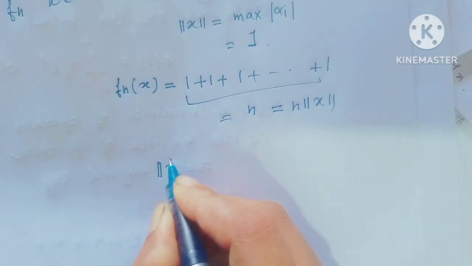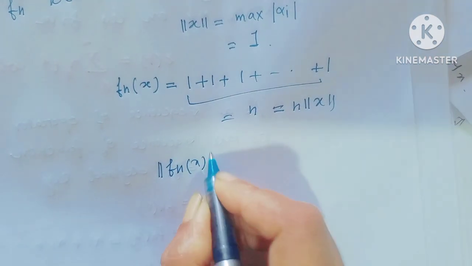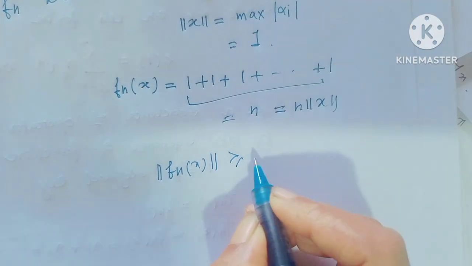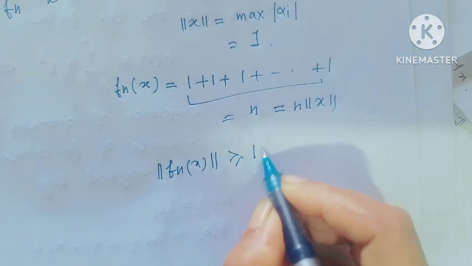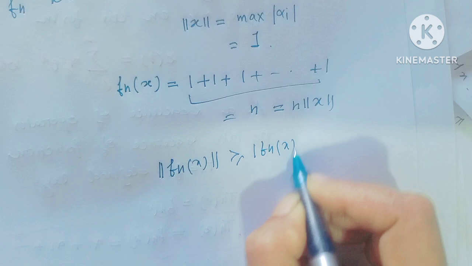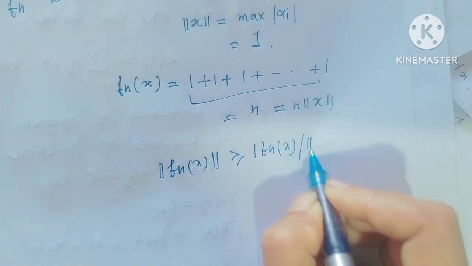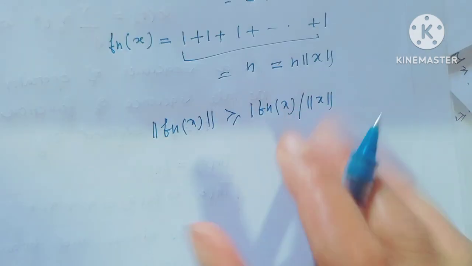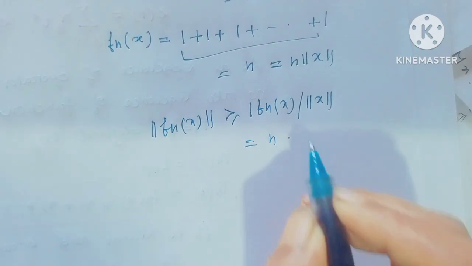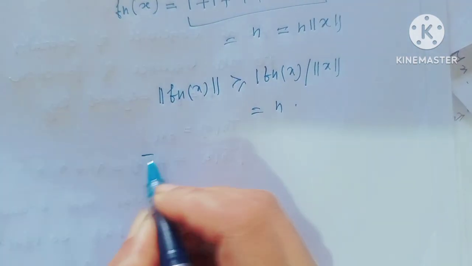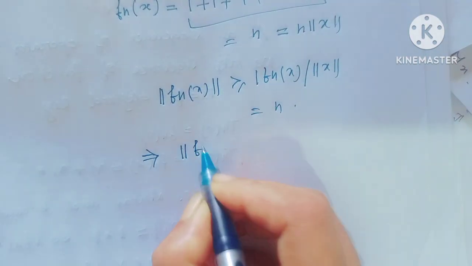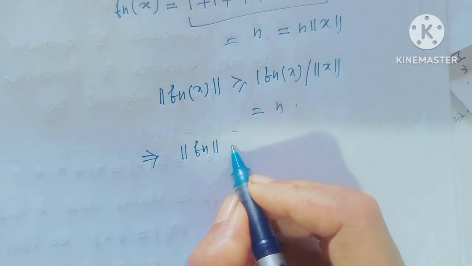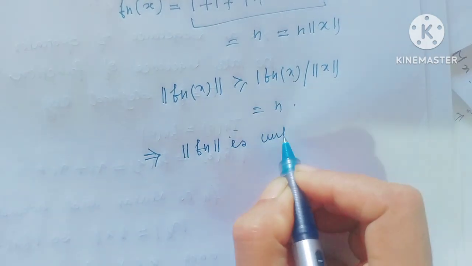Therefore, norm of Fn is greater than or equal to absolute value of Fn x divided by norm of x, which is equal to n. Therefore, norm Fn is unbounded.